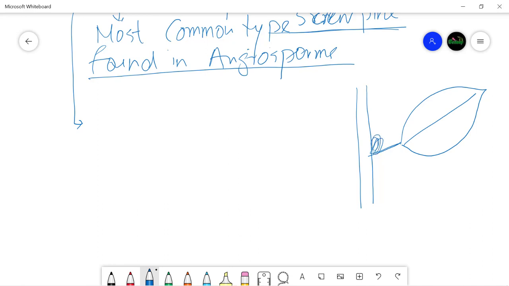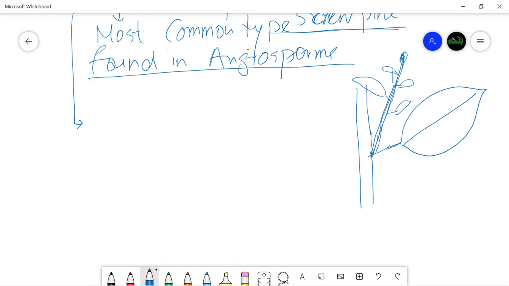So these are buds, and these buds grow into branches. So this was a bud, and now this bud has grown into a branch. It has a terminal bud.